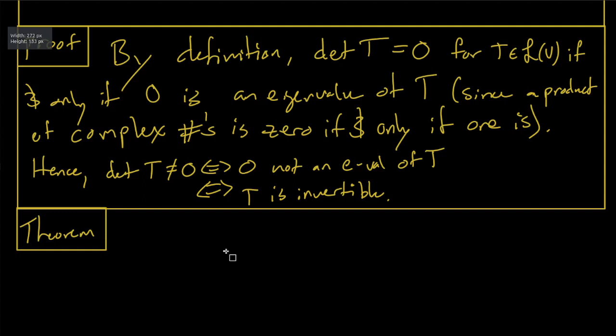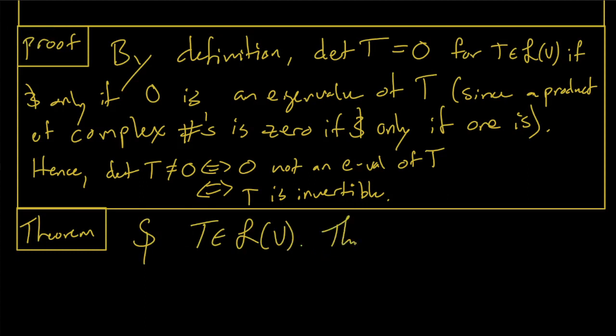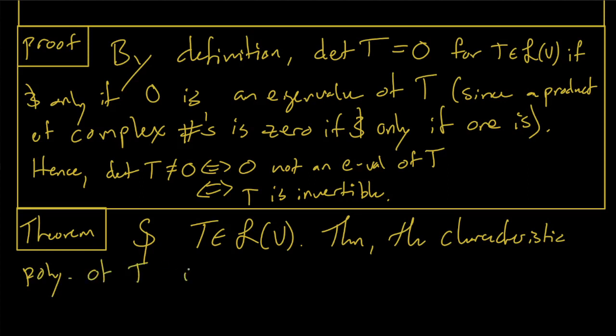The theorem is as follows. Suppose that T is in L(V), it's an operator on V. Then the characteristic polynomial of T is the determinant of zI minus T.